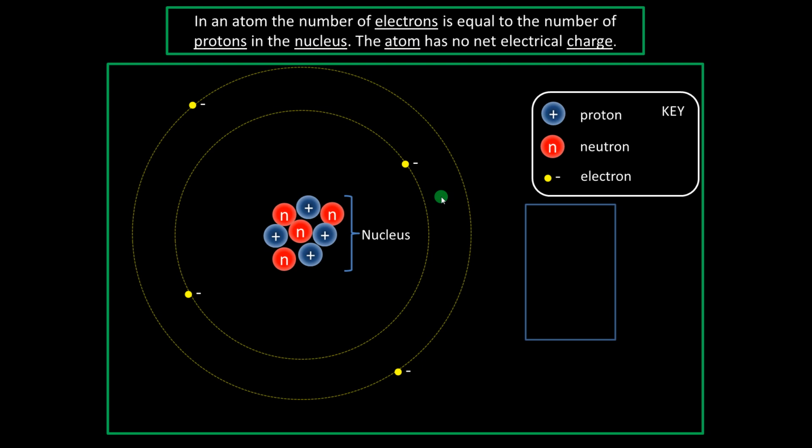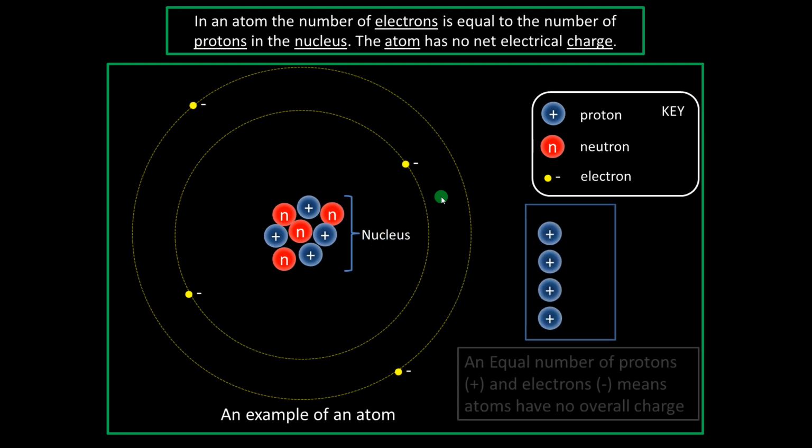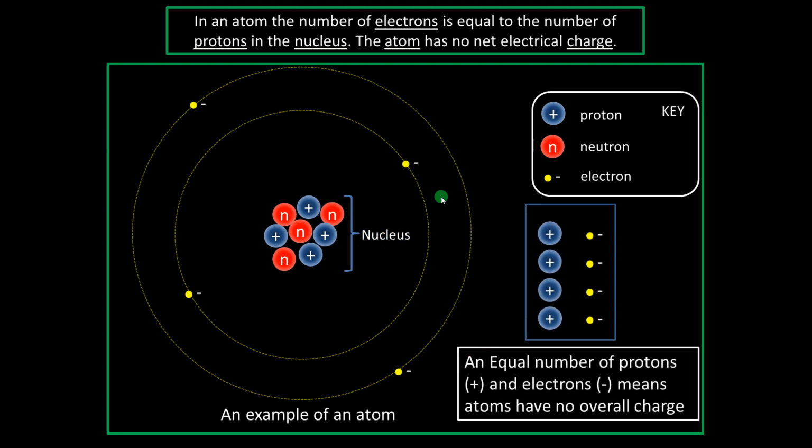So, to show that our atom has no net electrical charge, what we do is we take the protons and we line them up next to the electrons, and sure enough, an equal number. So every positive charge is cancelled by a negative charge on the electron, and so there's no overall charge.